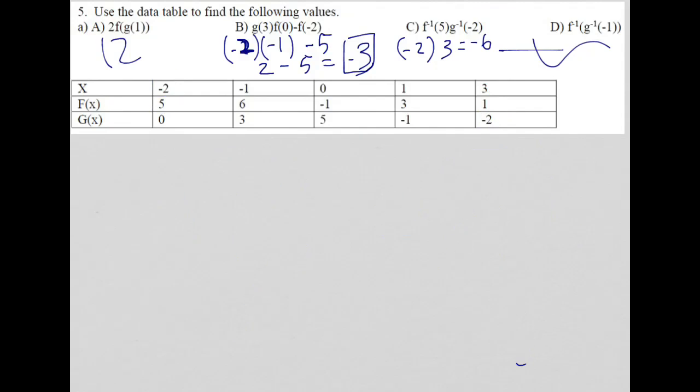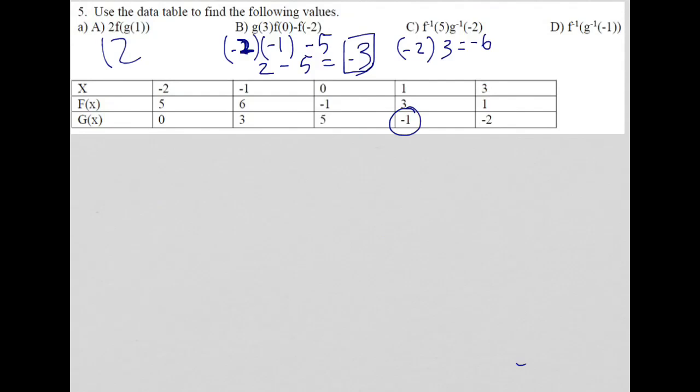The last one says, whoa, it's a composition of inverses. Why would you do that to us, Mr. Reed? Because you just do it. It ain't no thing. So g inverse of negative 1 says, go to the spot where that happens. So let's go to the g of x value of negative 1.